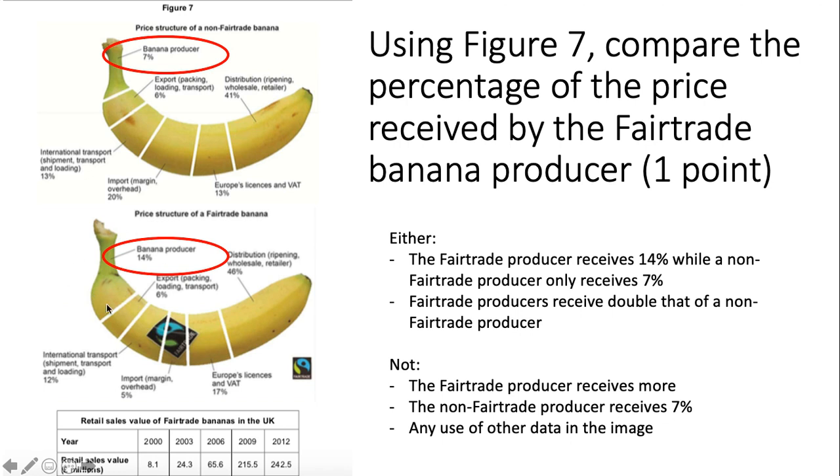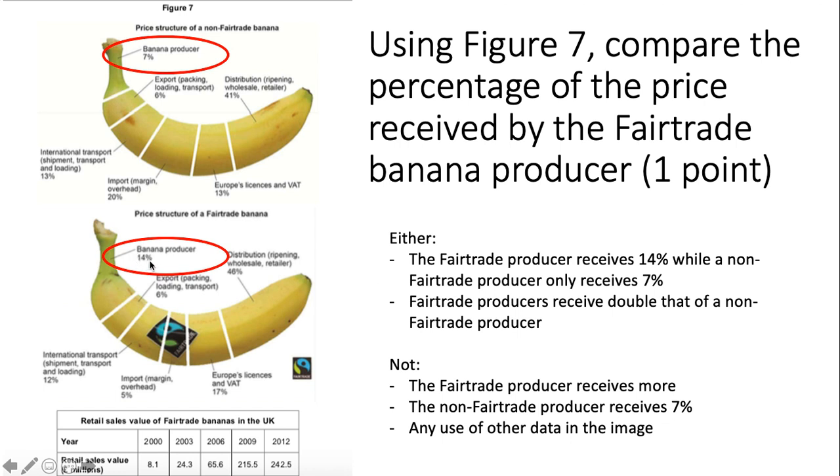Just looking at this bit here, where it says banana producer 14%, banana producer 7%. It was one of these two answers. If you said the fair trade producer receives 14% while the non-fair trade producer only receives 7, you got your mark. Fair trade producers receive double that of a non-fair trade producer.